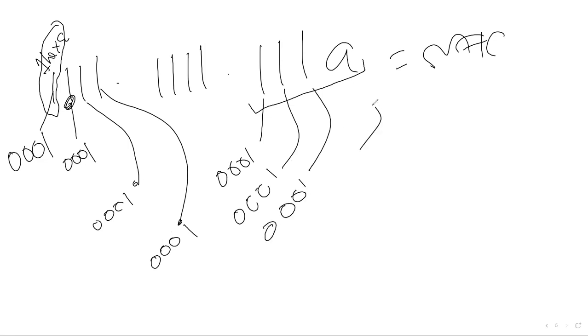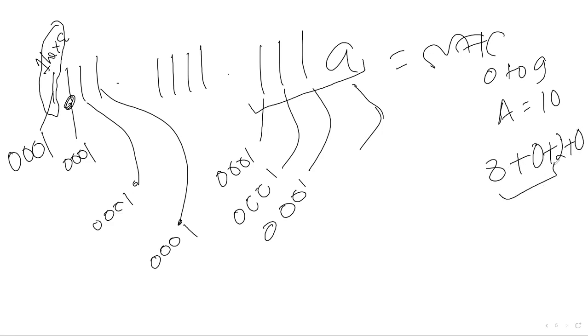What about A? A comes after 0 to 9, so A means 10. In order to get 10, it is 8 plus 0 plus 2 plus 0, 8 plus 2 is 10, which means 1, 0, 1, 0.